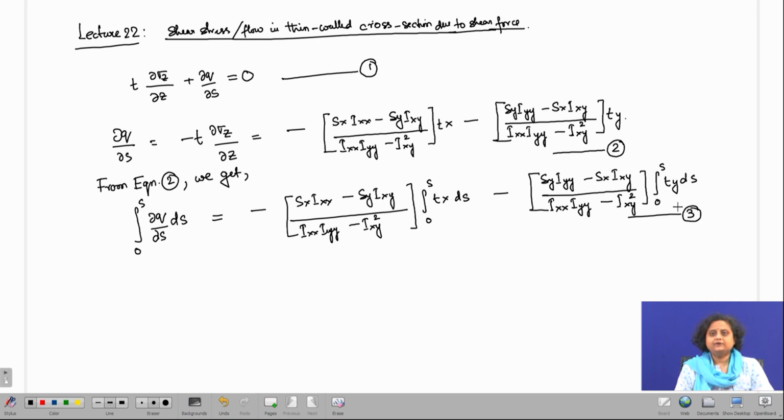So, by integrating this we get this equation in integral form.